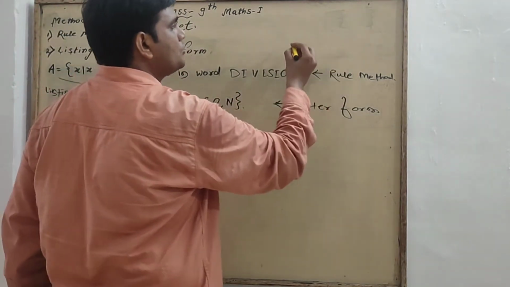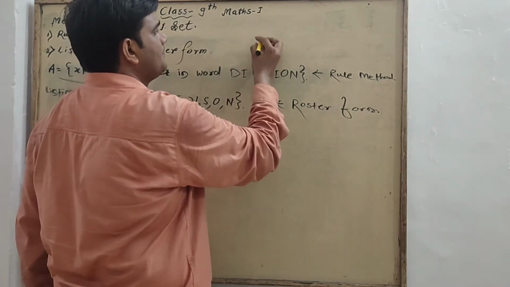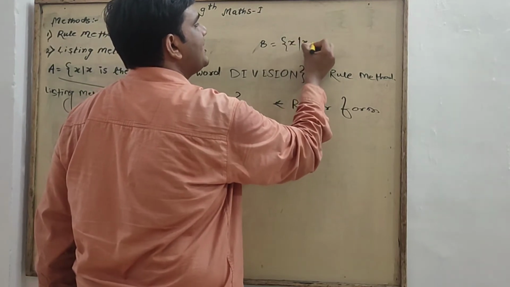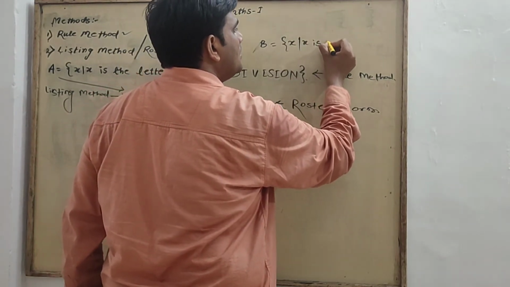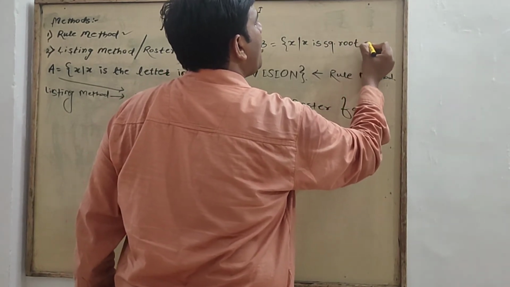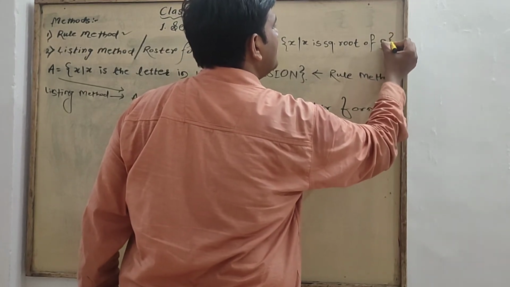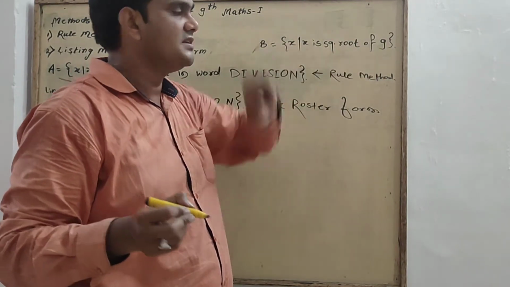Suppose according to rule method, B is equal to x such that x is the square root of 9.